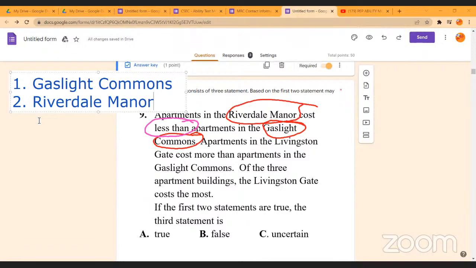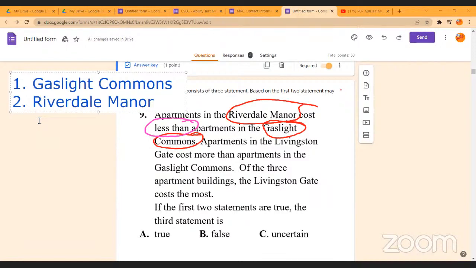Apartments in the Livingston Gate cost more than apartments in the Gaslight Commons. Gaslight.